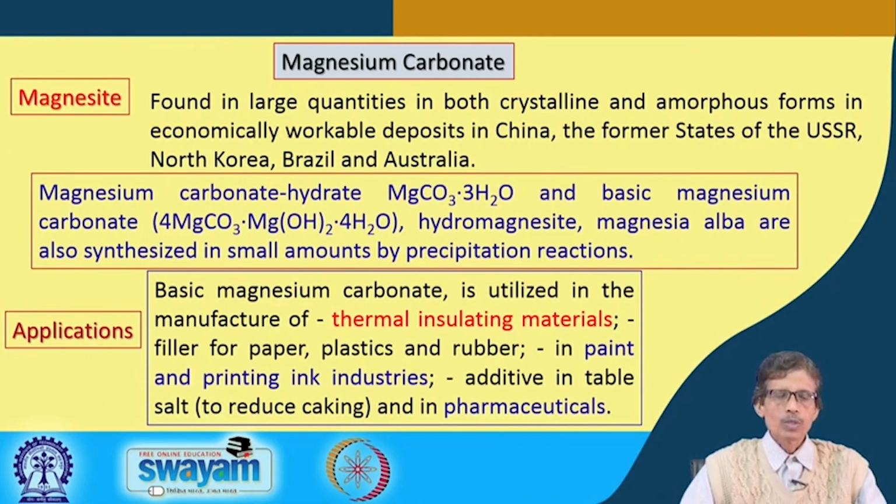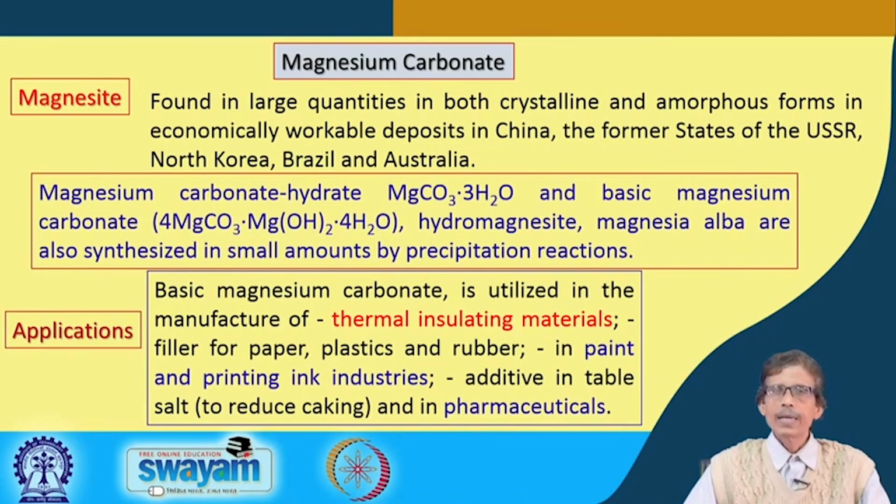Then it can also be used as a filler for paper, because paper also requires some amount of these inorganic salts to make that corresponding mixture. Then as a filler for plastics and rubber, because it can improve the quality of the plastic and the rubber in terms of the inorganic material present there.